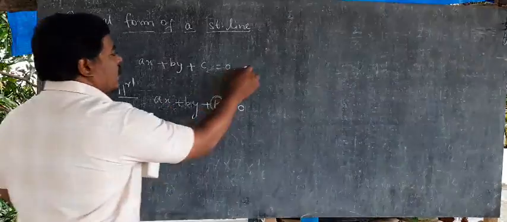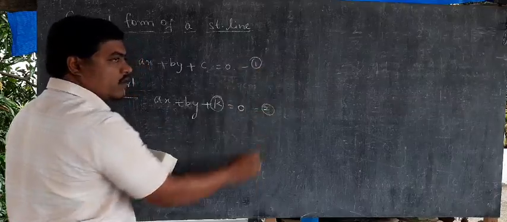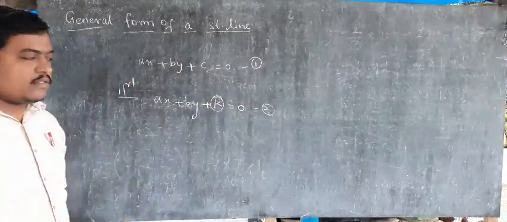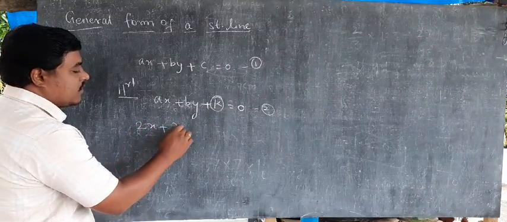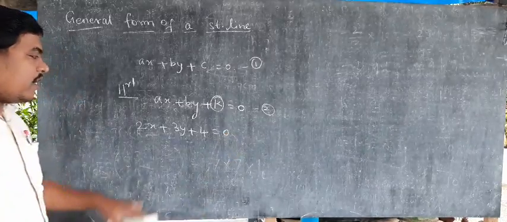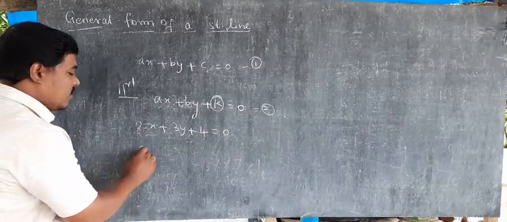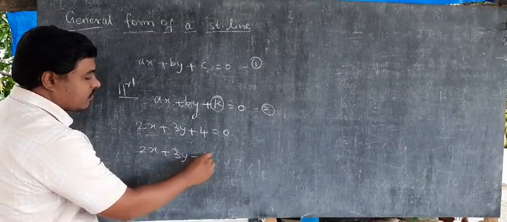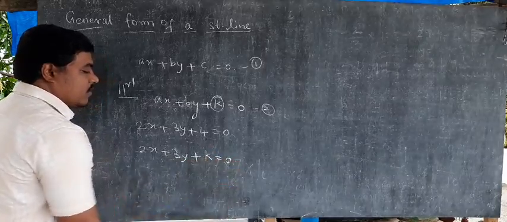For example, equation 1 and equation 2: if 1 is parallel to 2, both are parallel lines. For example, take 2x plus 3y plus 4 equal to 0. For this line, to draw a parallel line we write 2x plus 3y plus k equal to 0.